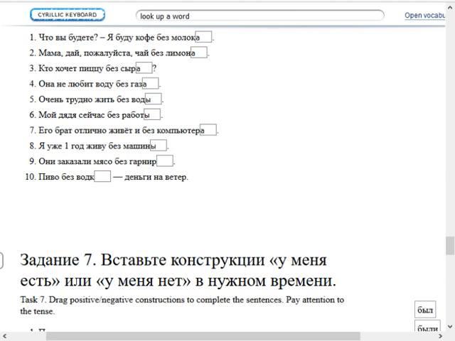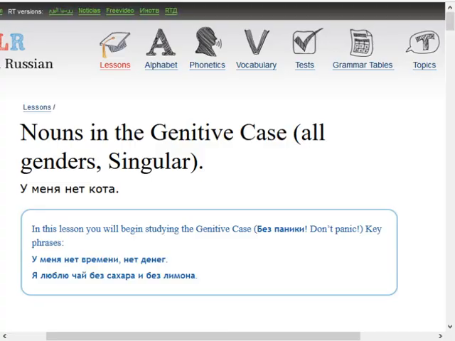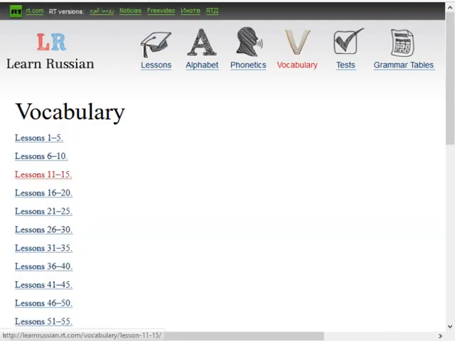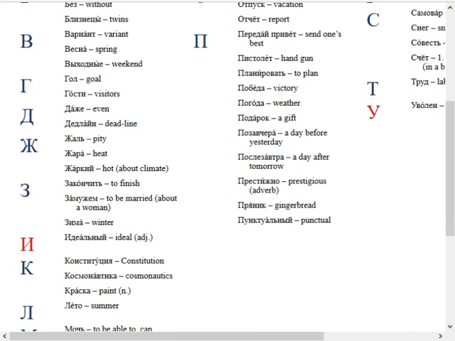Гарнир. What's гарнир? I actually don't know this word, and I'm going to guess that it's not in the vocabulary on this page. Well, let's check quickly. Let's come up here and look at the vocabulary for this, lesson 14, I believe.